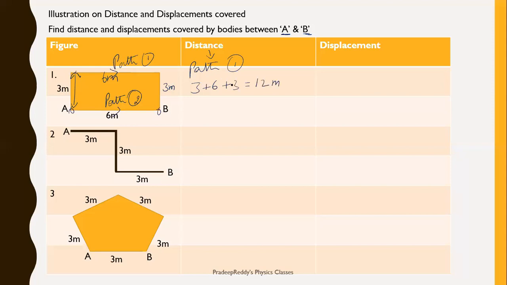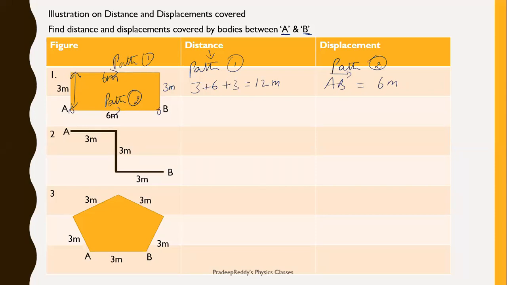So the length of the path traveled from A to B, as distance, is 12 meter, whereas displacement is path 2, which has only one shortest length, that is AB. Displacement is equal to 6 meter. This is one simple example where you can have a clear understanding between distance and displacement.